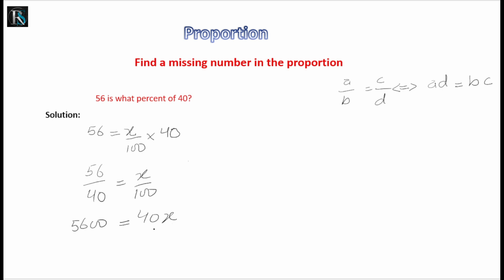For that we will divide by 40 on both sides of this equation and you will get x is equal to, so it will be simplified and here we will be left with 140.